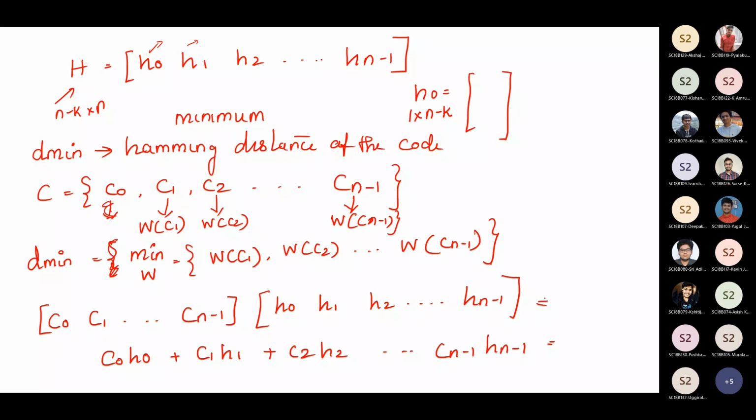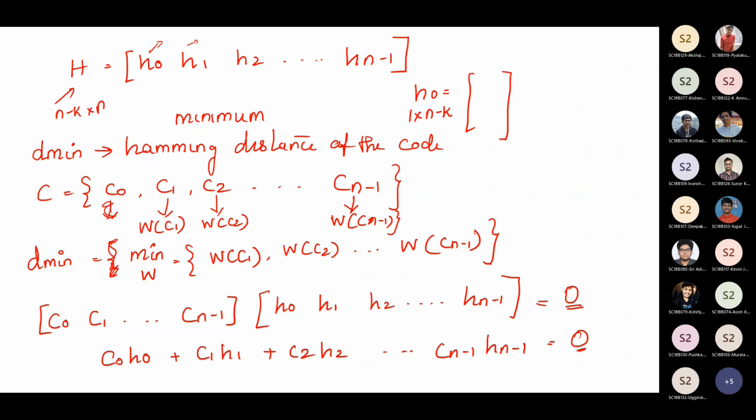So this is the 0 vector. What I took is C into, instead of H transpose, C is a scalar, H0 is a column vector. I just multiply this so that we will be getting a 0 vector.